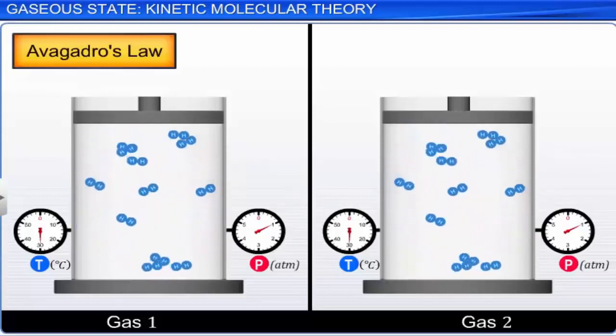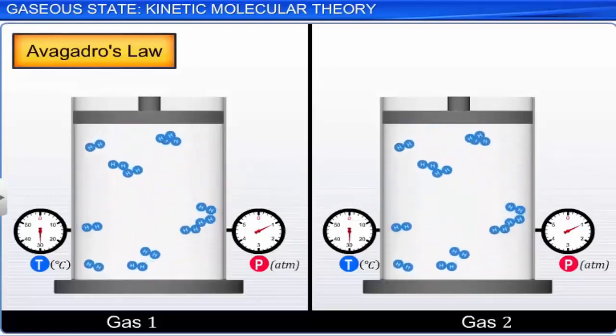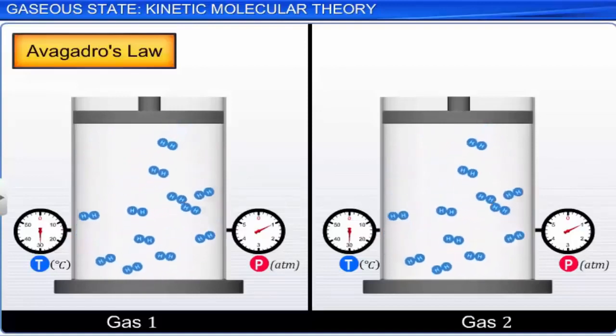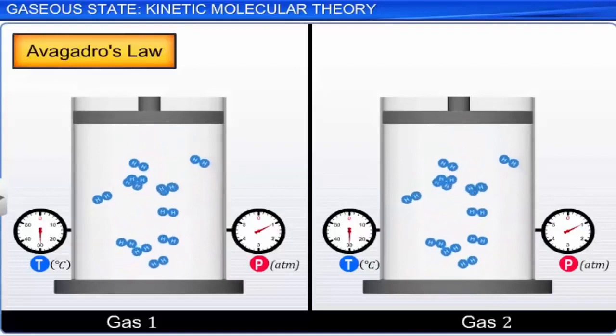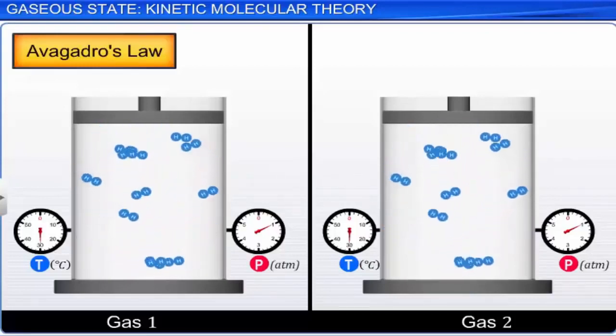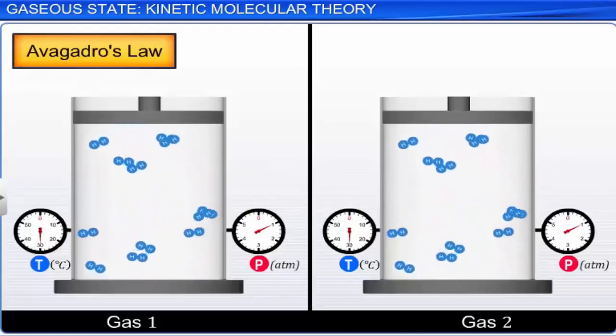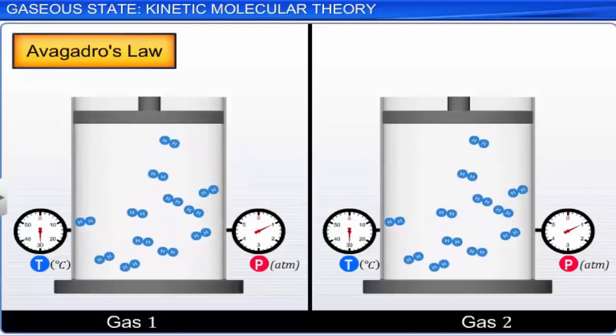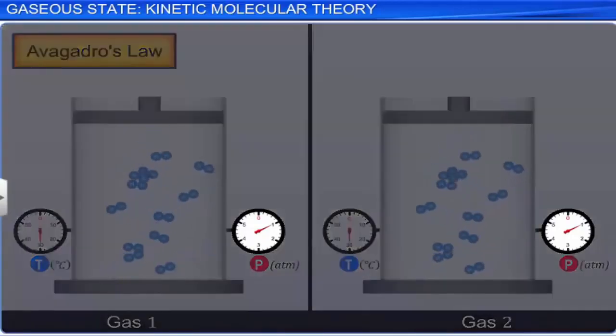As the two gases have the same pressure and same kinetic energy, they must have an equal number of molecules per unit volume. This means equal volumes of all gases under similar conditions of temperature and pressure contain an equal number of molecules.